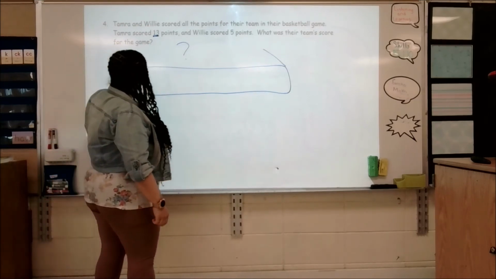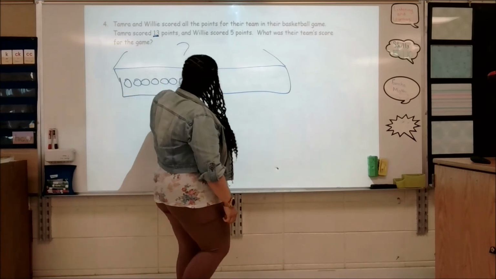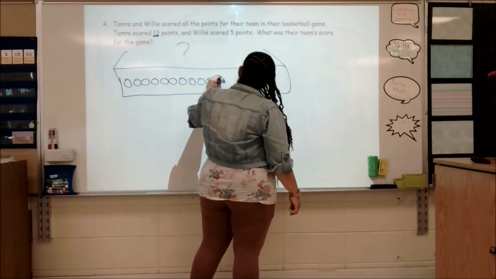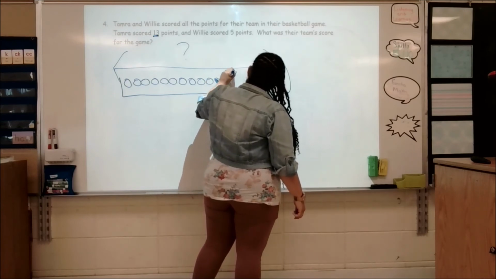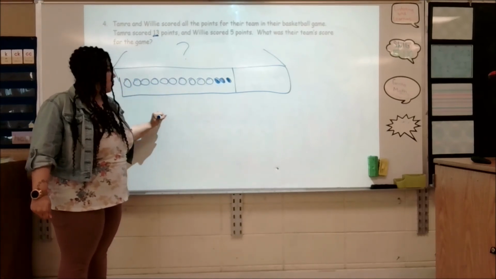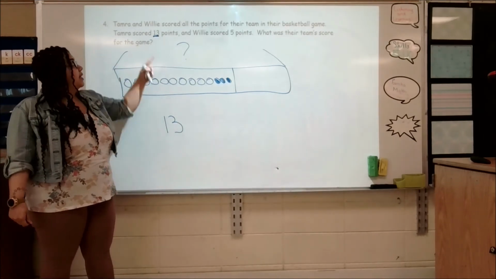1, 2, 3, 4, 5, 6, 7, 8, 9, 10, 11, 12, 13. That is this part. That is our first part. Let's write our number sentence simultaneously. So this number represents Tamara's points.